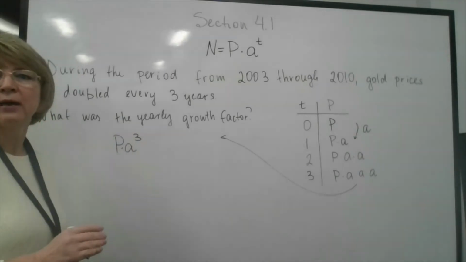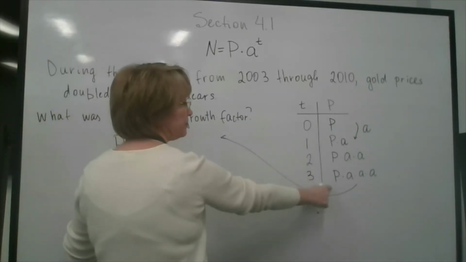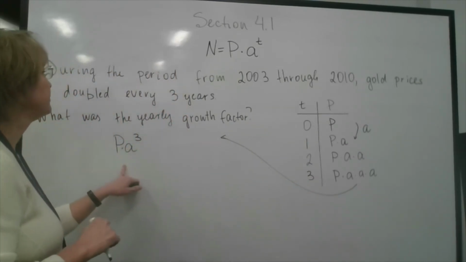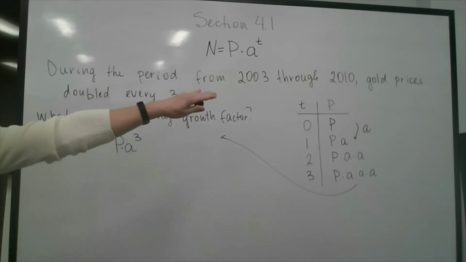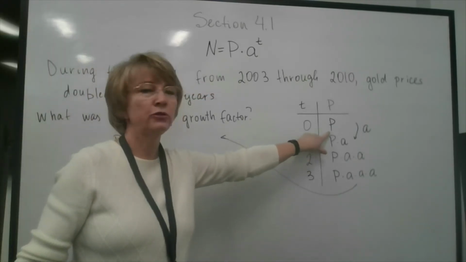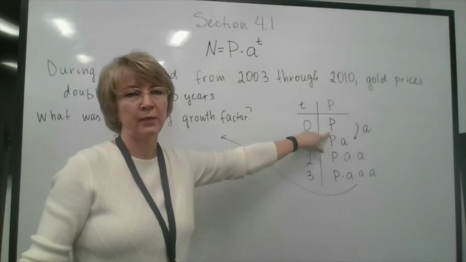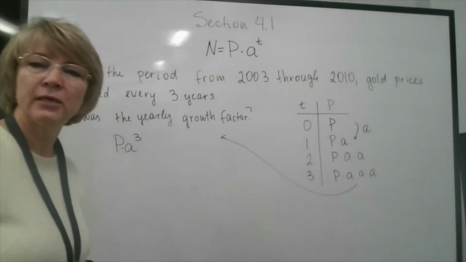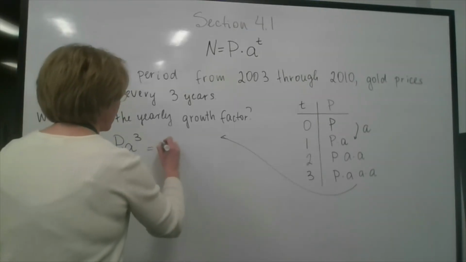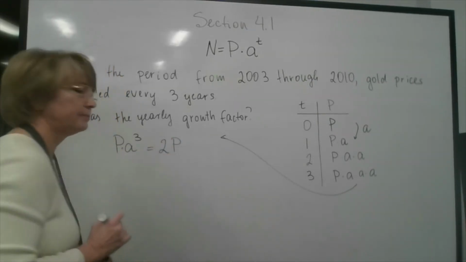Do you understand where I got this from? From here. Now I will read the problem again. The price doubled. If my price in 2003 was P, what will be the price in 2006? Double. It means it will be 2P. Do you see it?